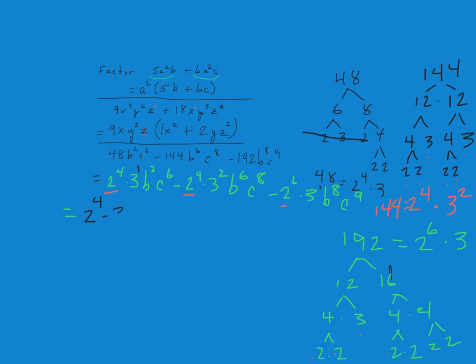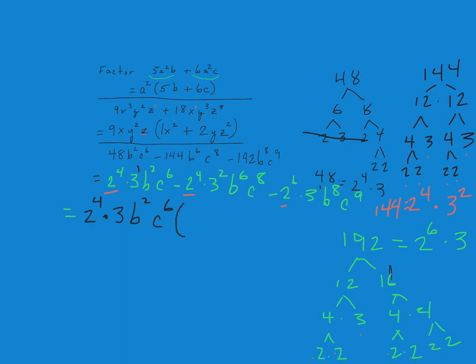So 1 factor of 3 can be pulled out. For the letter B, we have 2 factors of B in the first term, and that's all that can be pulled out because that's all that is shared in all 3 terms. And for C, we can take out 6 factors of C because that's what's available in the first term.